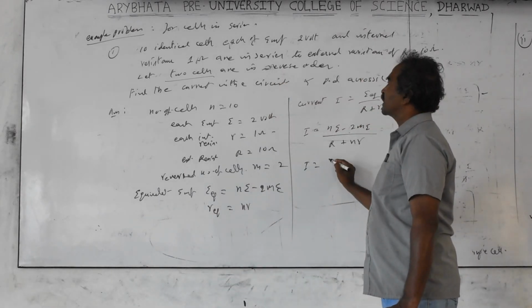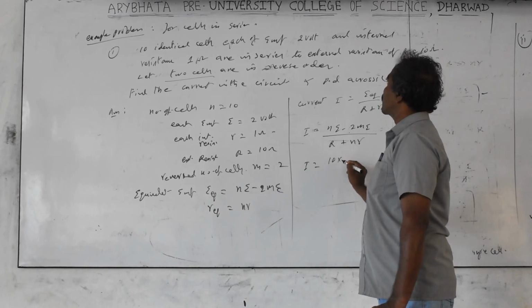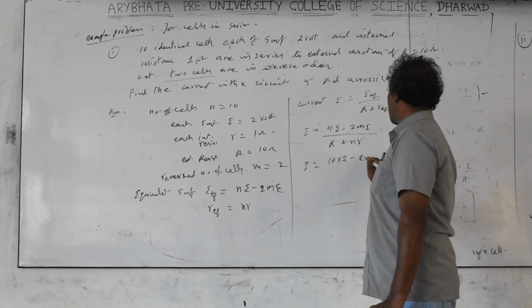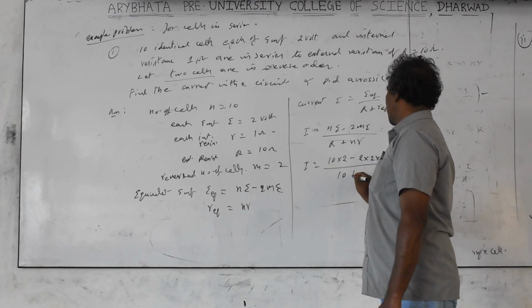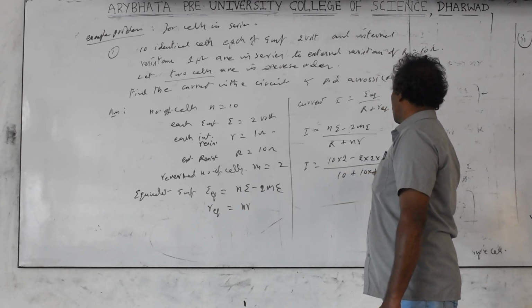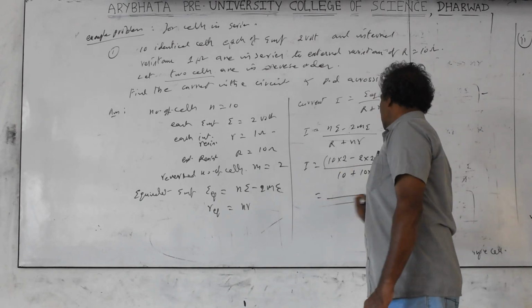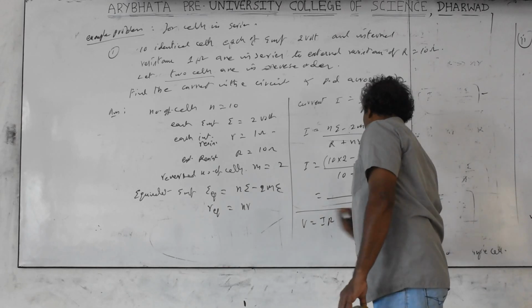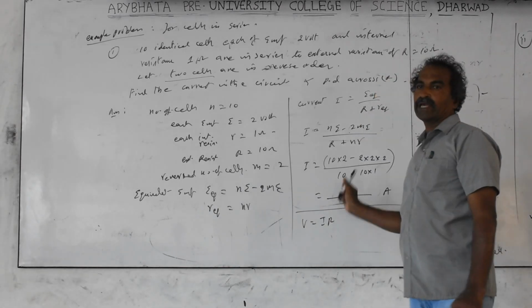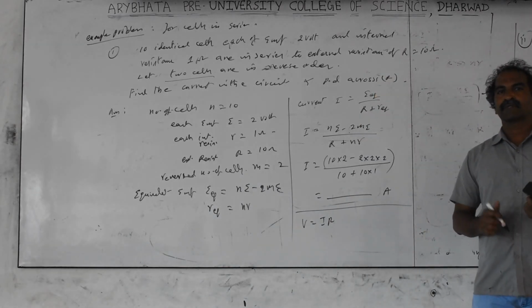Substitute the values: N is 10, EMF of each one is 2 volts, minus 2 into 2 into 2, by 10 plus 10 into 1. Calculate this in amperes. And voltage across the external resistance means I into R. I am leaving this problem to you. You calculate it. I will tell you the answer in the next class.